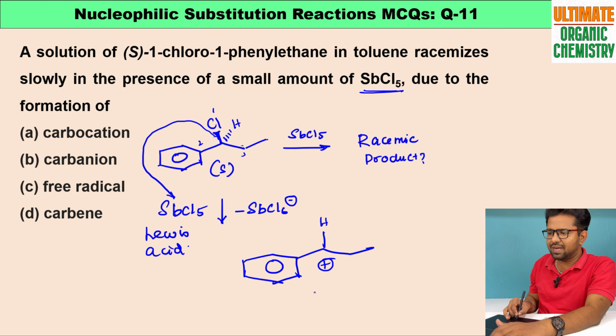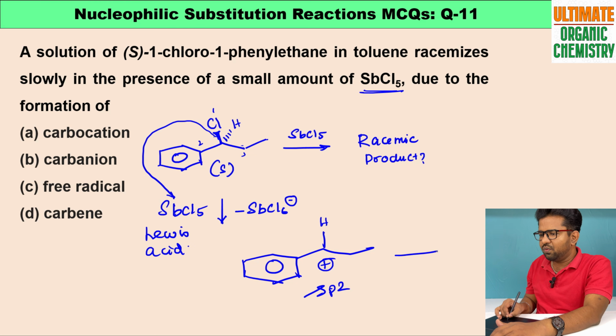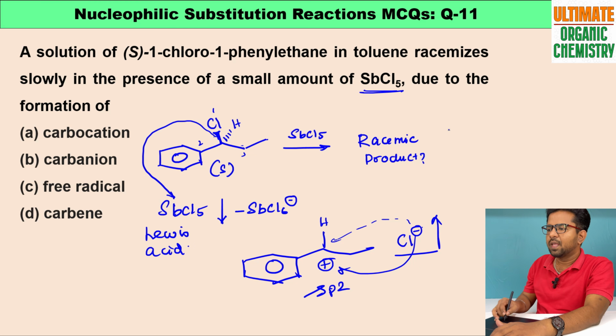So this carbocation has sp2 hybridization, the geometry is trigonal planar. Now this chloride, which is left in the first step, is coming and attacking here. It can approach from the front side or from the back side, leading to the formation of two products.